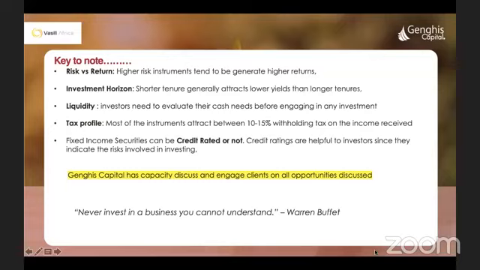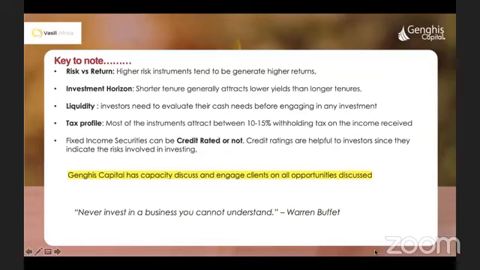Any government instrument in Kenya that is more than 10 years will be charged tax at 10%. 10 years and below, you will be charged at 15%. So know your tax status and your tax profile. That will dictate where you are going to play in the fixed income environment.